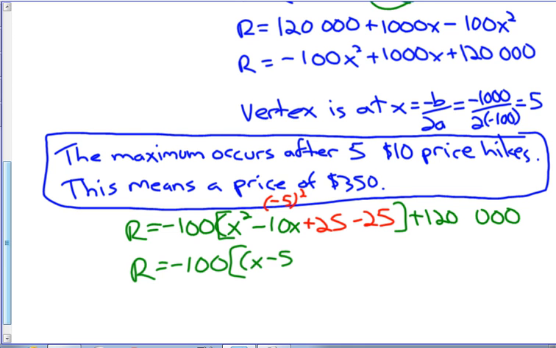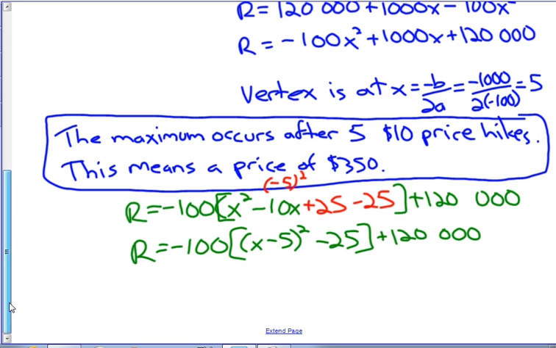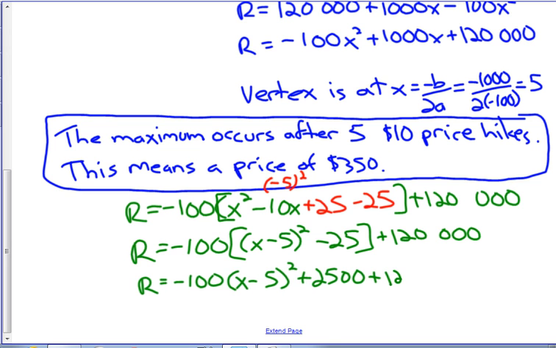I've got a perfect square trinomial, so I know it factors like this. And from there, I can just work my way through. Negative 100, x minus 5, all squared, plus 2,500, plus 120,000.